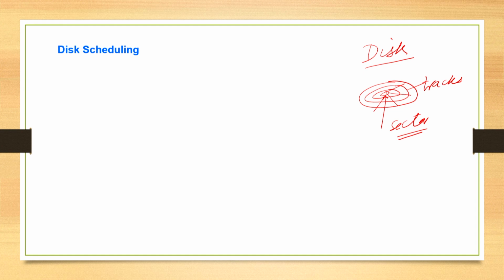If you want to store data at a particular sector of a given track, it has to be moved under the read write head to locate that sector of the given track, and then the data will be transferred.